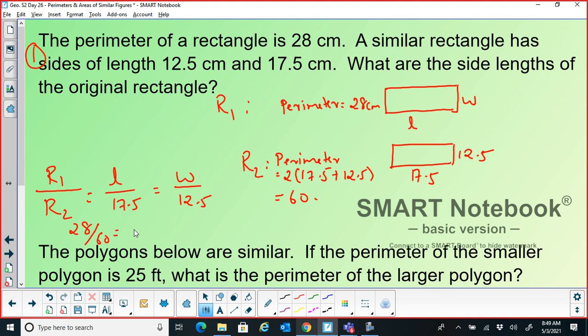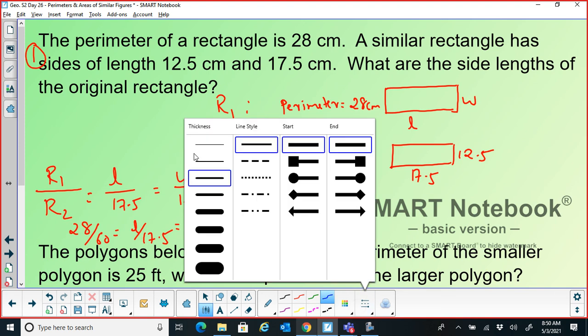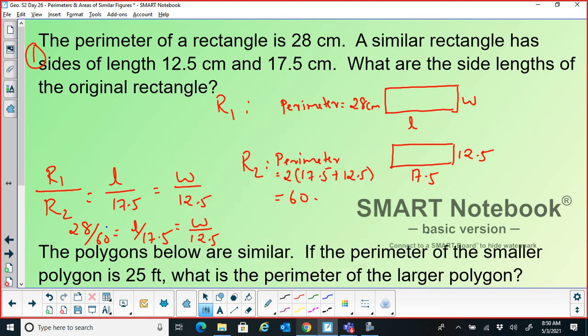equals L over 17.5. First scenario, let's get L, and the second time you can take 28 over 60 equals W over 12.5. Further, cross multiplying on the first, I'll get L equals 28 into 17.5 over 60.